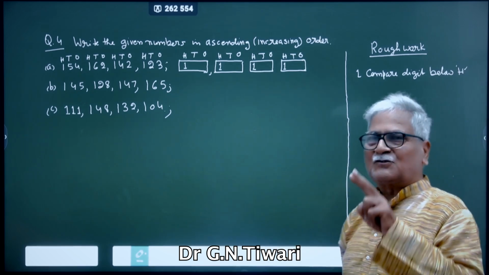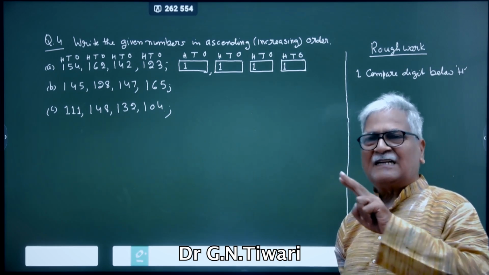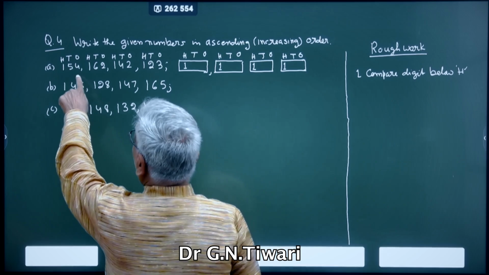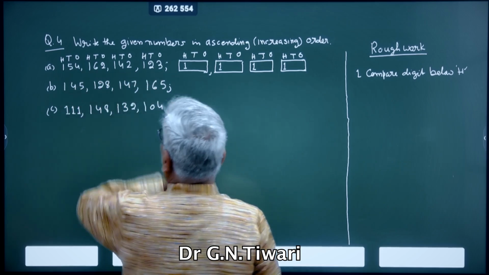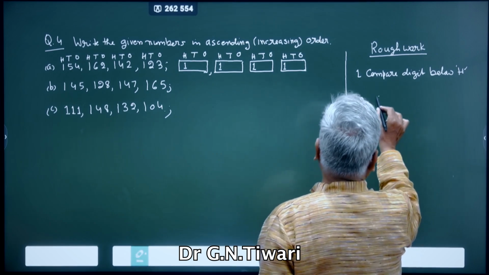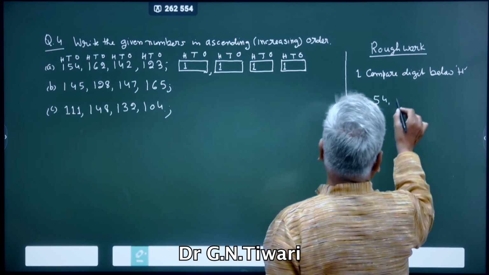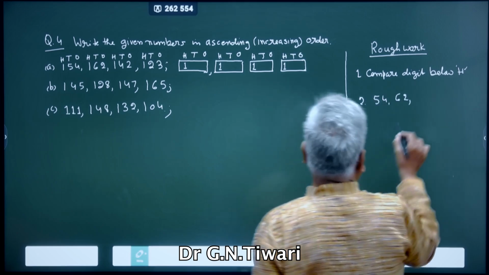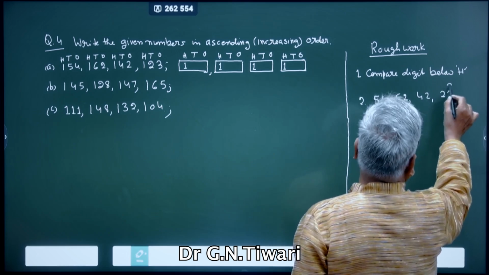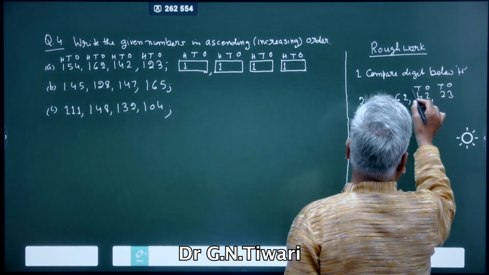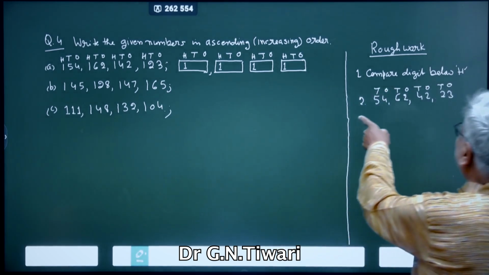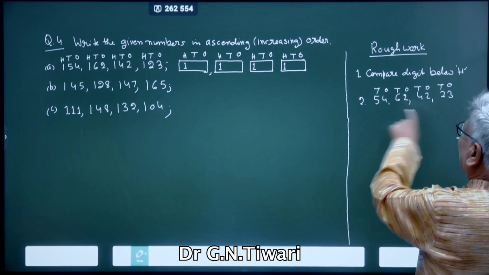There are two ways to do these things. I said that digits at O and T should be read jointly. For example, it is 54, 62, 42, and 23. Just write. Second step: 54 and 62 and 42 and 23. O, T, O, T, O, T, O, T. Just say at T, 6 is the highest.